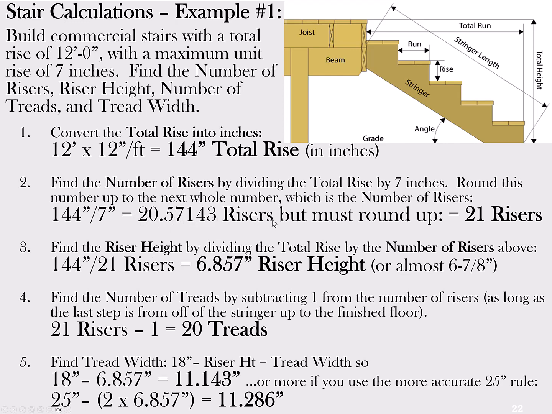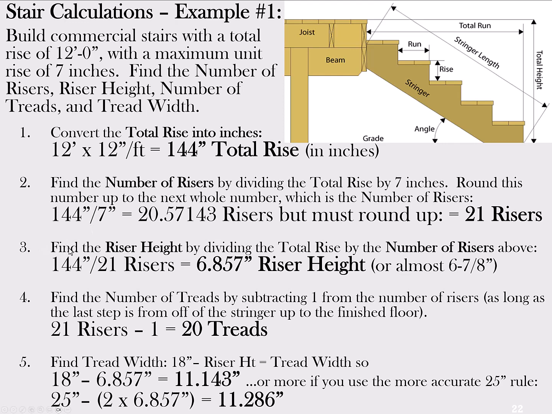Well, we can't use that. We've got to have a whole number of risers, so we must round up to 21 riser heights. So that's the most riser heights you can pretty much have in a stair system, 21 steps up before having a landing of some kind, or change of direction or something.